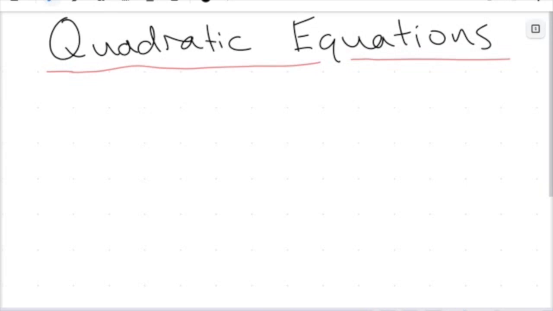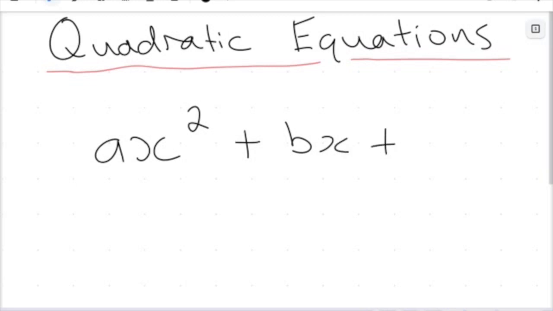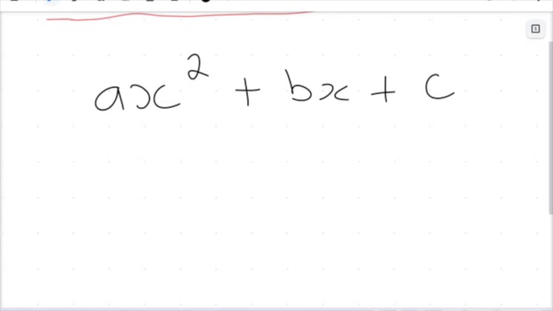Now, just as a little recap, our quadratic expressions, we defined before in our previous topic that all of these are written in this particular form. Some coefficient in front of x squared, plus or minus another coefficient in front of x, and a constant at the end.